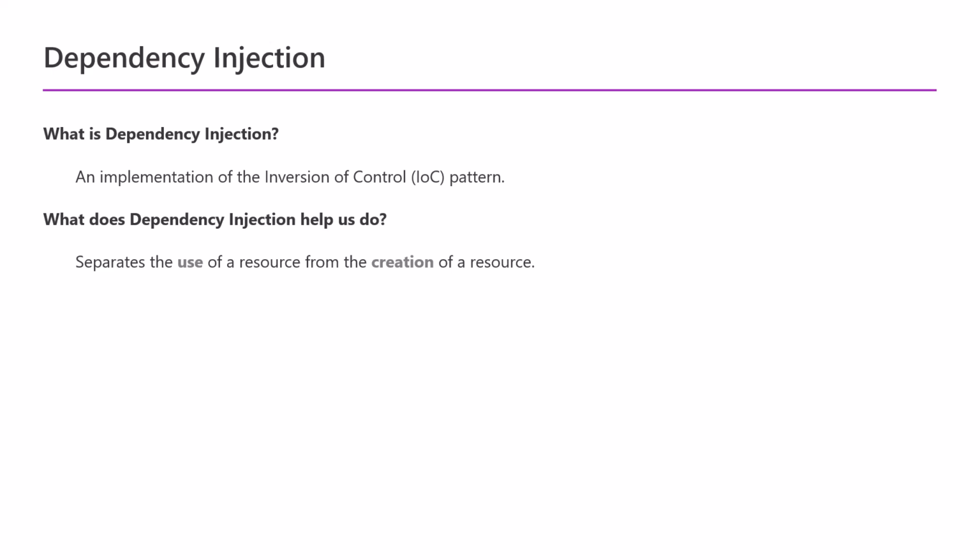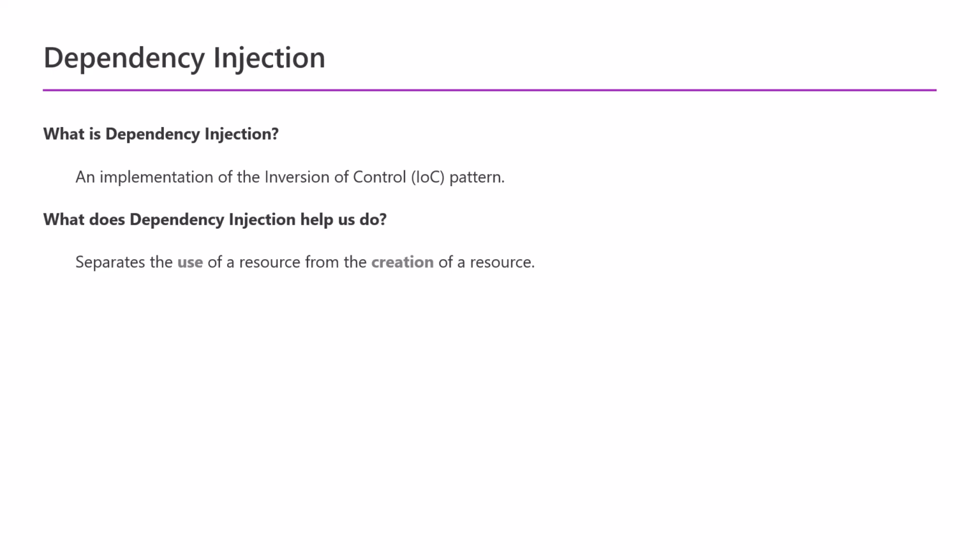And you're going to hear me use the term resource throughout this video because when we think of Angular dependency injection, we tend to think immediately of services, of JavaScript classes. But in fact, we can use dependency injection with values and objects and even functions. So we're not relegated to just using services or classes with dependency injection.